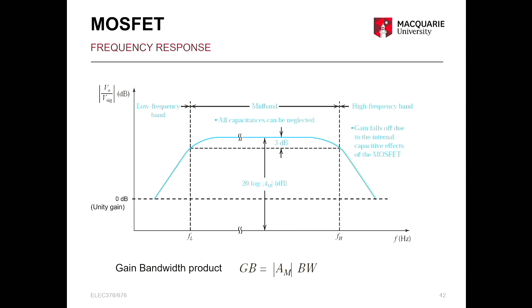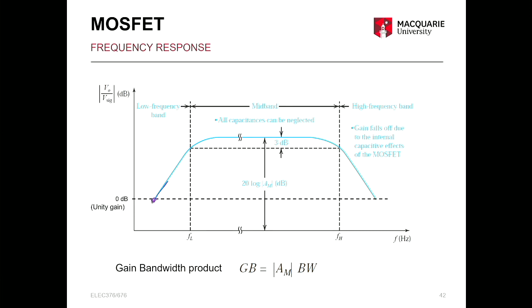Every electronic system is frequency dependent. When you have coupling capacitors at low frequency, they offer a high impedance, so the signal cannot come into this amplifier, and also the output cannot go to the output of the amplifier. So that is why your gain is much lower at a lower frequency.